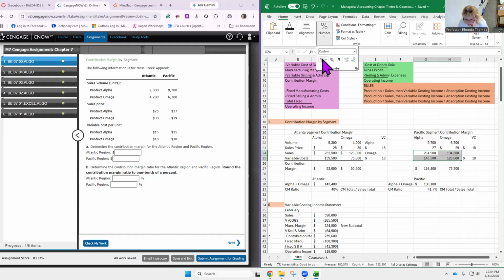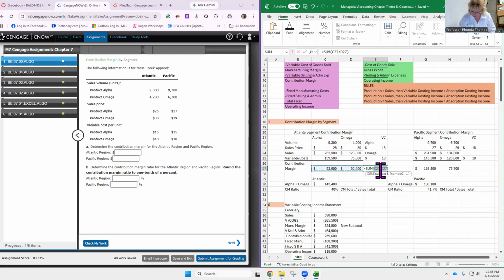Then we take the number we sold times the variable cost per unit, and we subtract, and we get 116,400, 73,700.